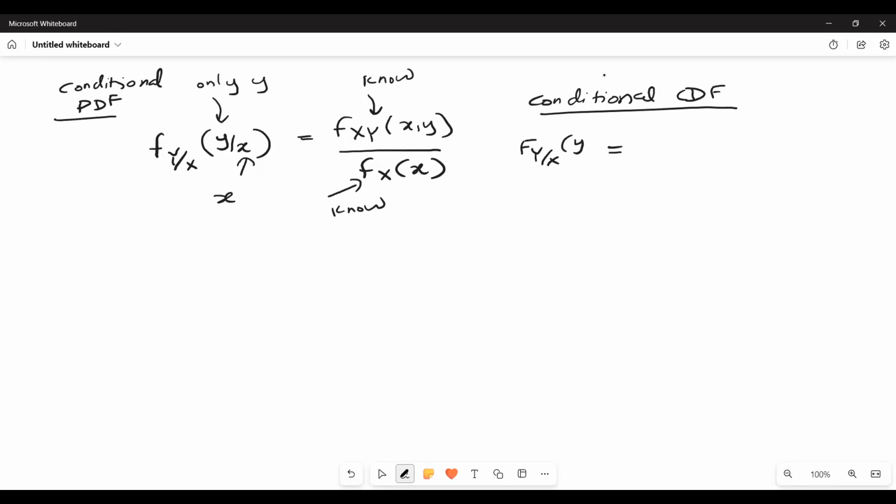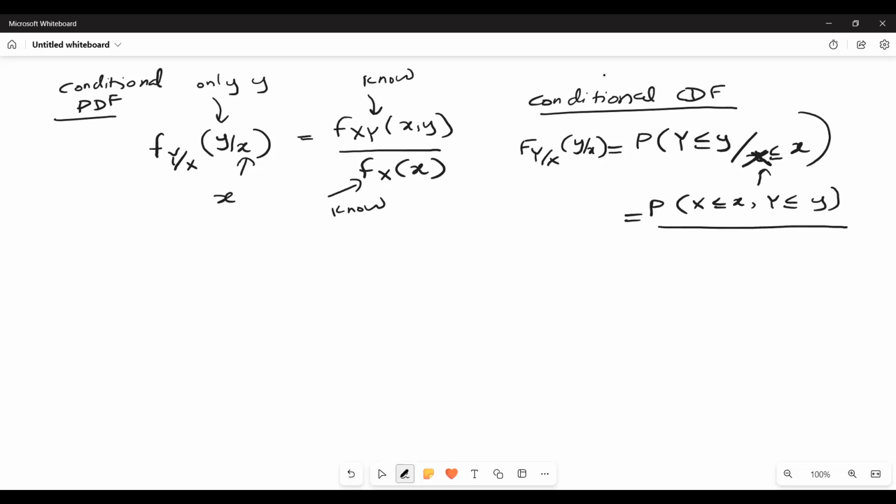Basically the CDF value gives the probability of these random variables being within a certain range that we define. So this should be capital X, and this probability we can find by this fraction.